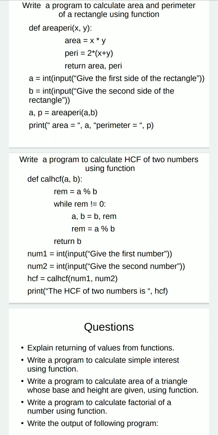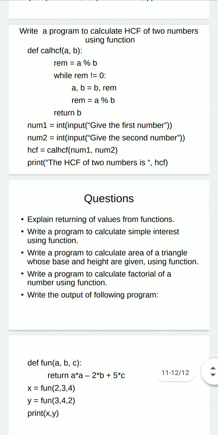In the calling function, we have assigned the returned value to the variable HCF. So the calling statement is written as HCF = calHCF(num1, num2). The calHCF returned the value and this value is assigned to HCF, and this value is printed in the next statement. The HCF of two numbers is HCF.